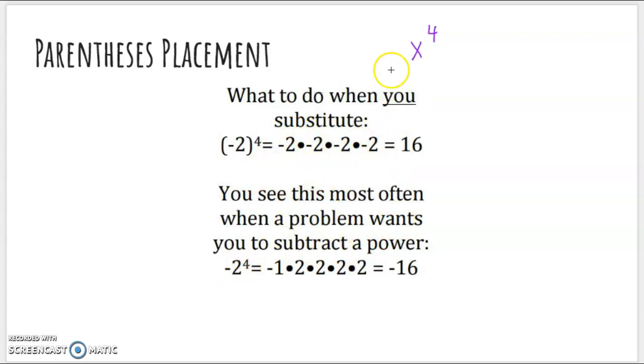If you had a negative out front and I just wanted you to plug in a 2, that negative isn't part of what's getting raised to the 4th. It's just a negative, and then 2 is multiplying by itself 4 times. So there's a big difference between -2 times itself 4 times and a negative times 2 to the 4th. Parentheses are very important.